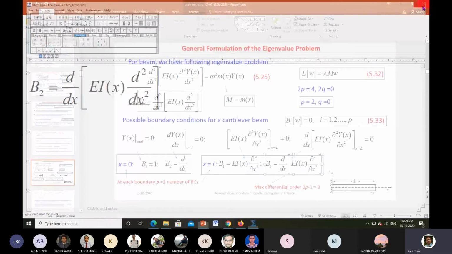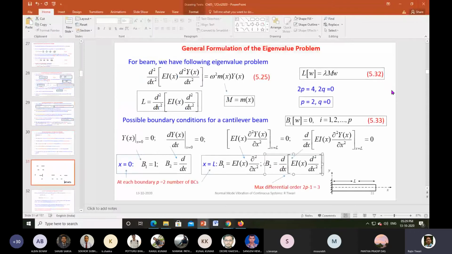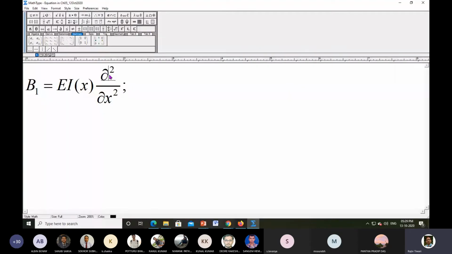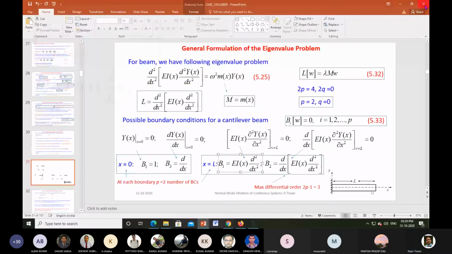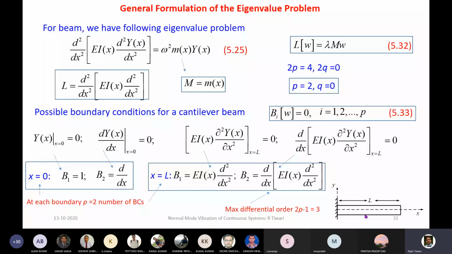Similarly, this also should be an ordinary differential equation because we already converted it. So B1 is this, EI double derivative, with respect to this. Similarly, this here is a third order differentiation.